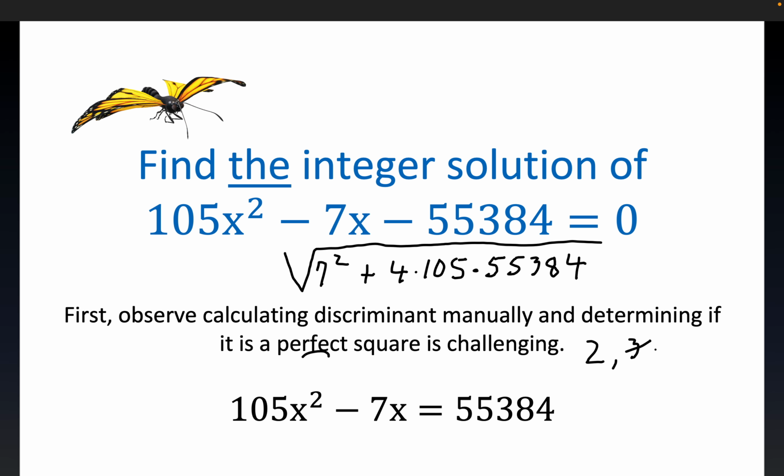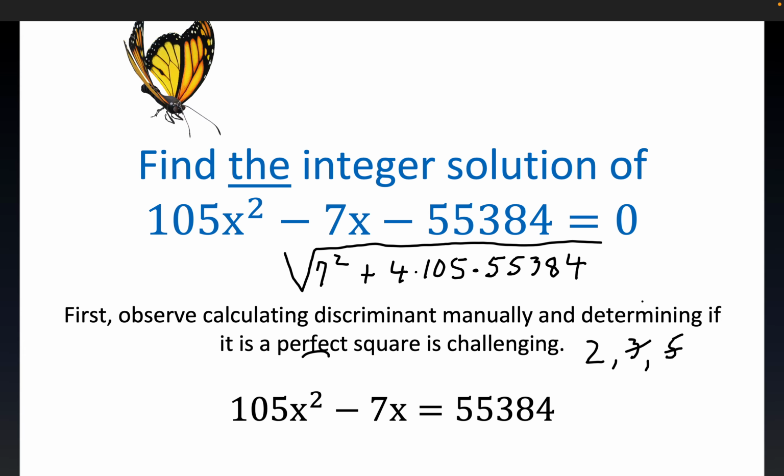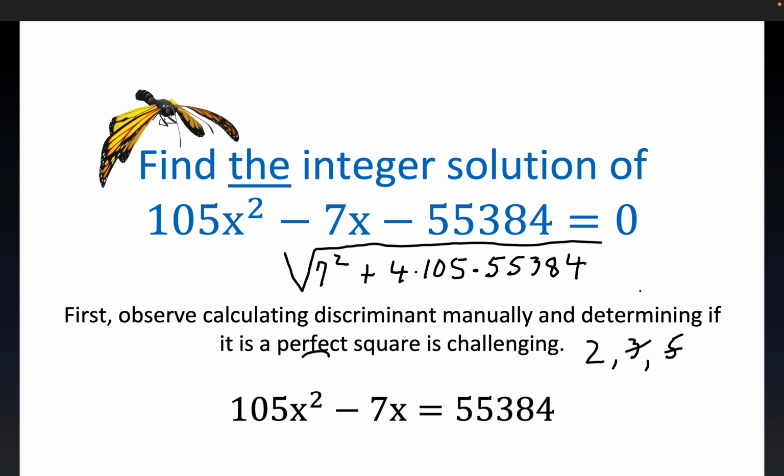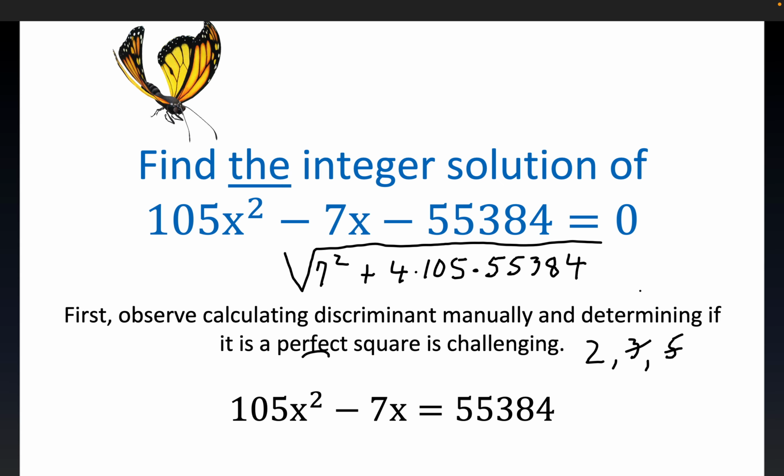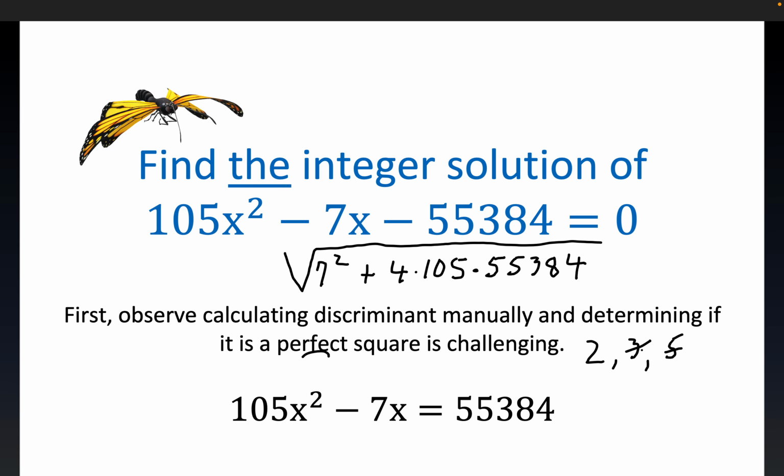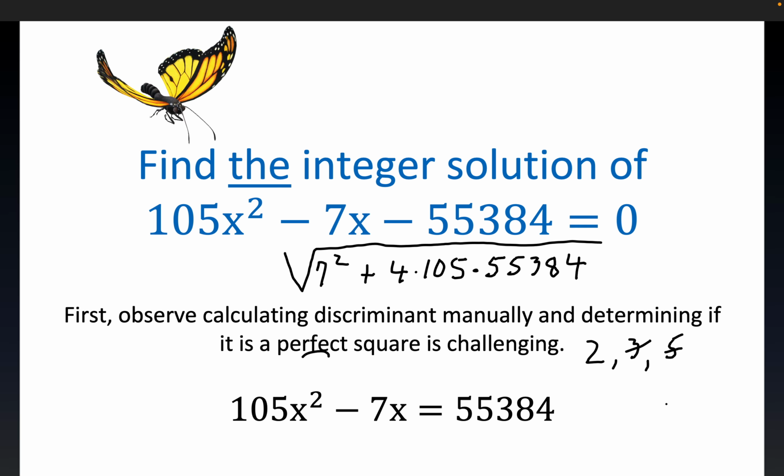And it's not divisible by 5, because it doesn't end in 5. There's also a divisibility test for 7 that I'll take the time to show you. We know that 2 is in the prime factorization, and we know that 3 and 5 are not. So we're making some progress here.